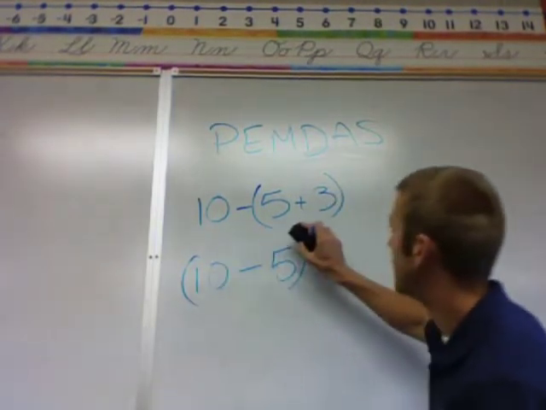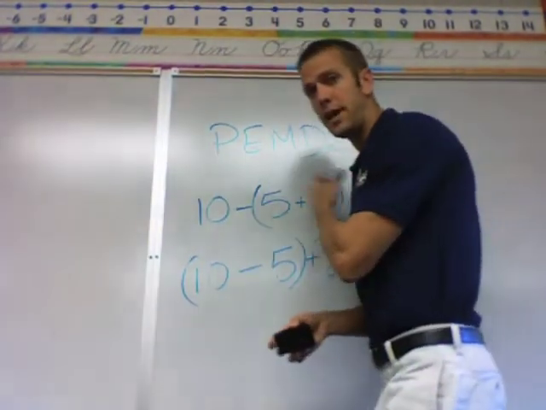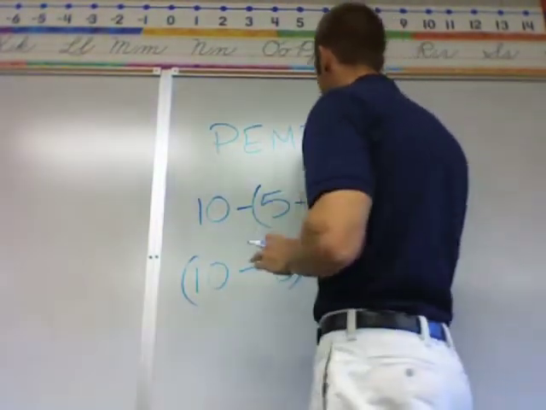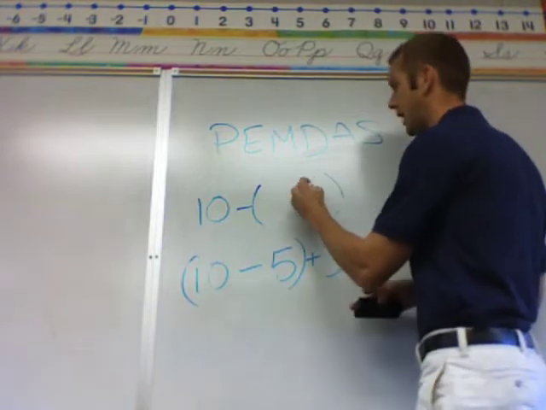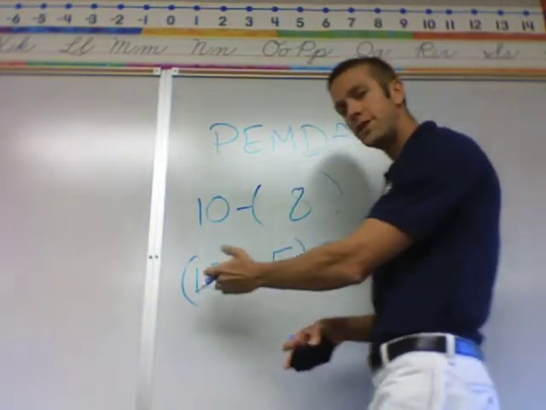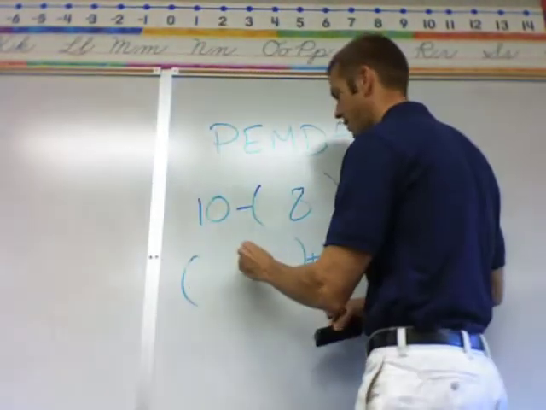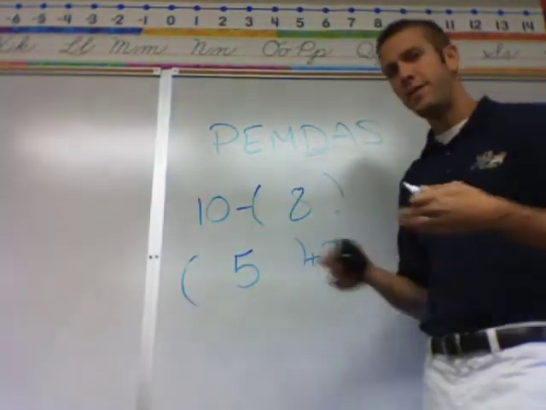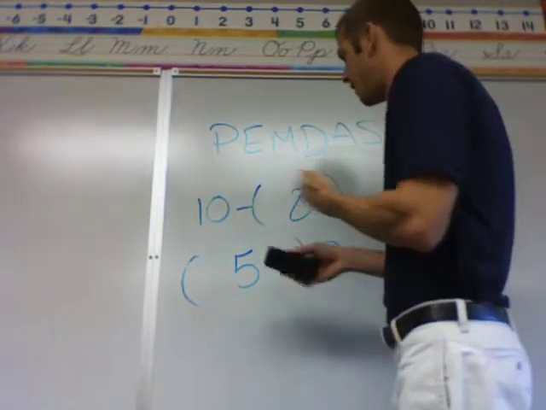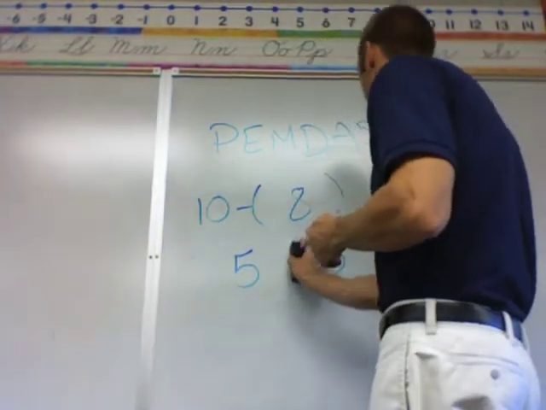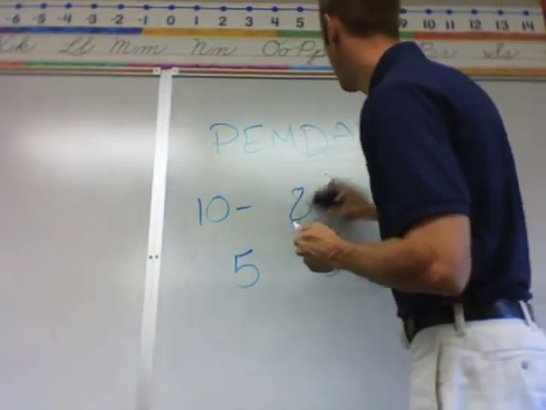So in this equation, the 5 plus 3 is 8. So you can just erase that, change it to 8. In this equation, the 10 minus 5 is 5. So we'll erase that, change that to 5. Now the parentheses don't matter anymore. They have a number inside of it. I'll move those out of the way so they're not a distraction.